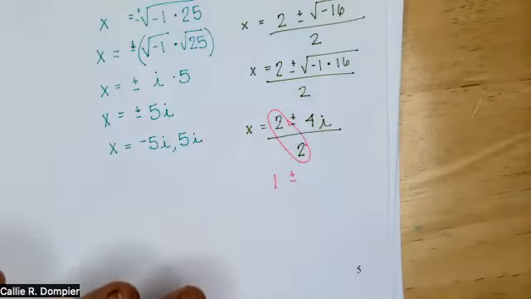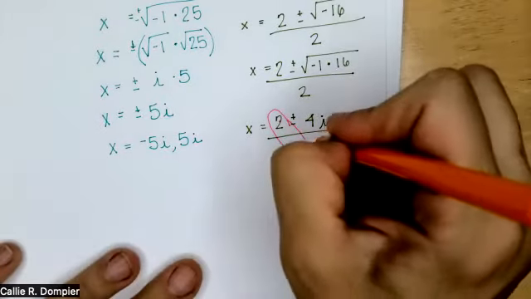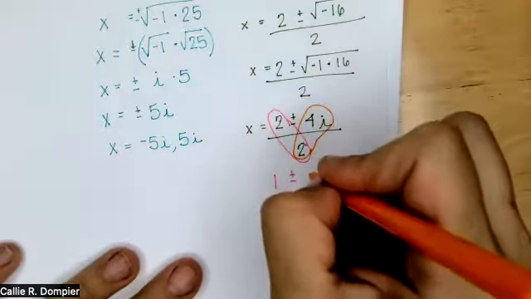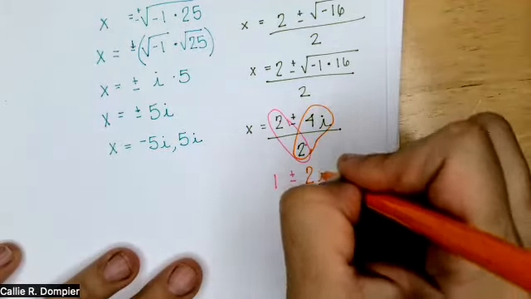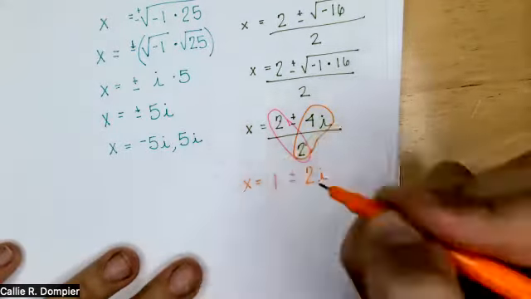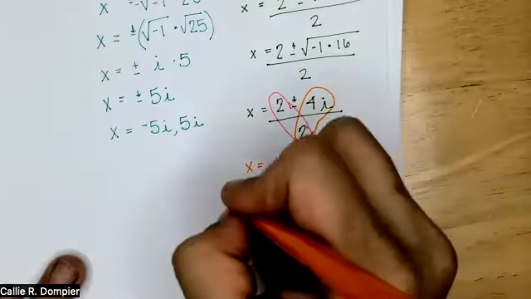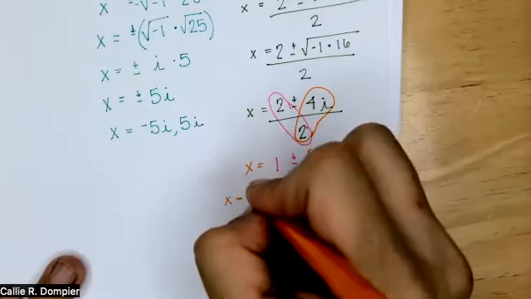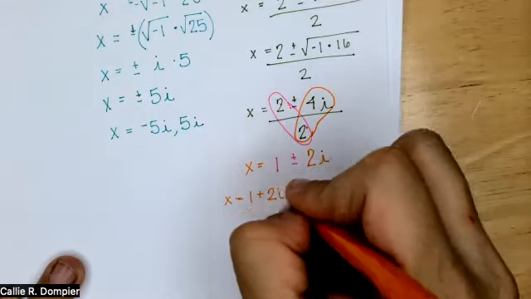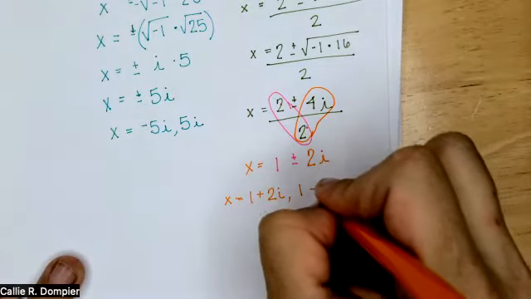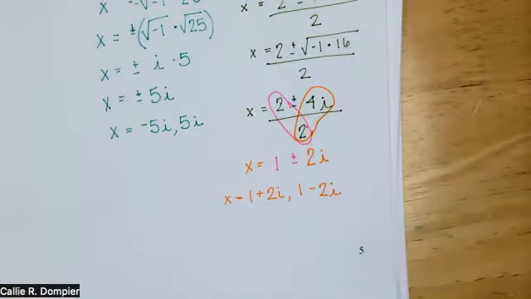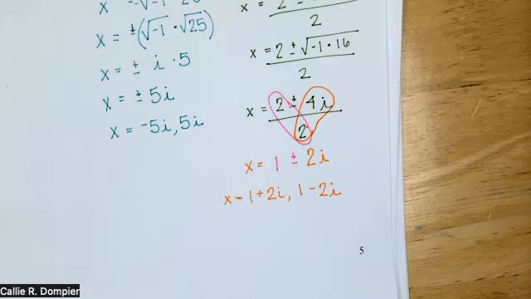Plus or minus 4 divided by 2 becomes 2i. So x is 1 plus 2i, and x is 1 minus 2i. That was just an opportunity to not stop when we saw a negative under the radical.